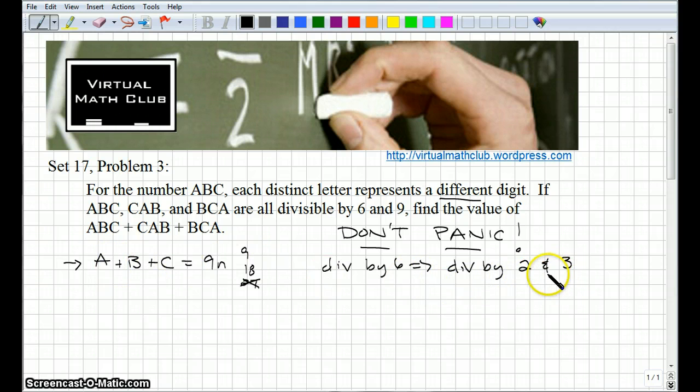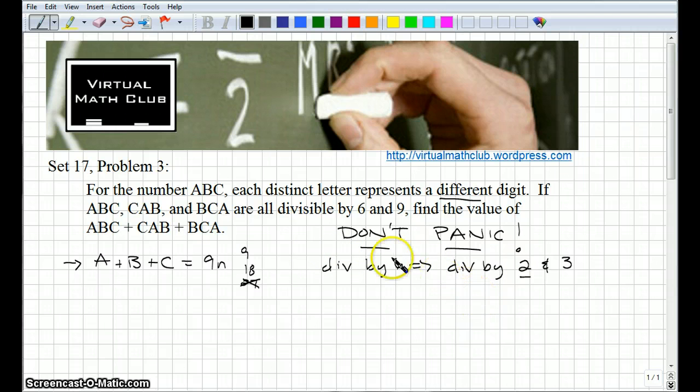So really, the only additional information is that it's divisible by 2 as well. And what does that mean? It means that the last digit in the number is even.